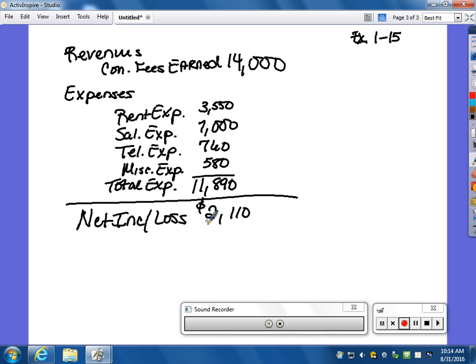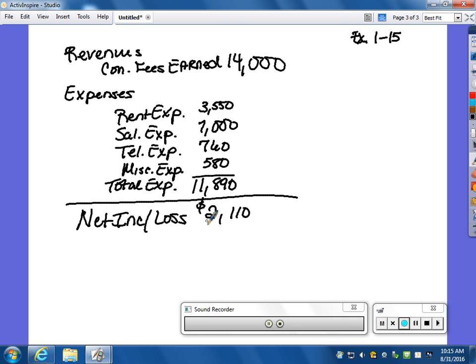Wait a minute. What's the amount, folks? Net income or net loss? Net income. That was relatively simple, right?